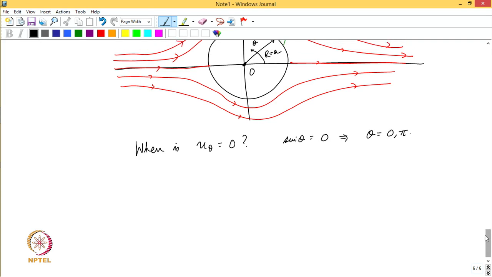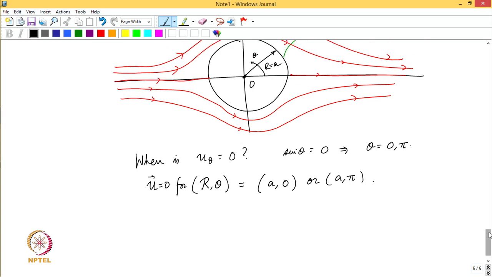When theta is 0 or pi, sin theta will also be 0, which means in terms of coordinates (r, theta), the velocity vector u would be 0 when r is a and theta is 0, or when r is a and theta is pi. At these two locations, the velocity is 0.